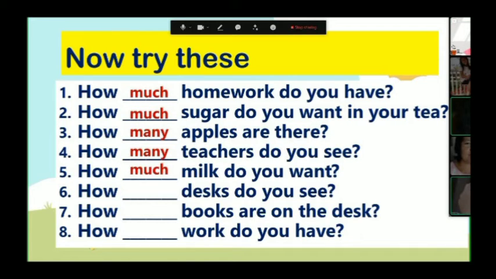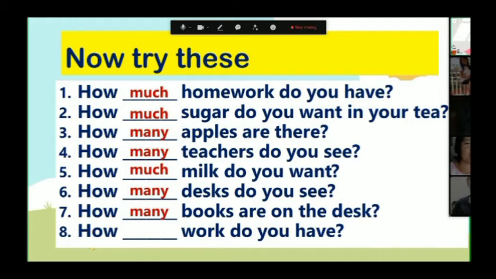Number six. Desk or table. How many desks do you have? Again, please. How many desks do you have? Very good. That's number seven. How many books are on the table?